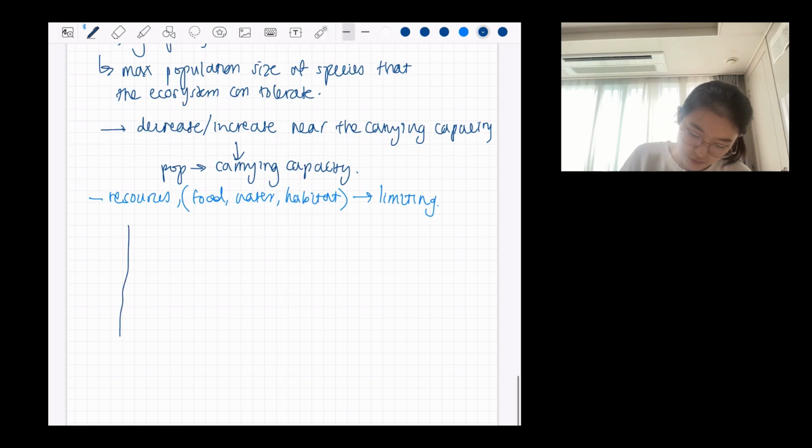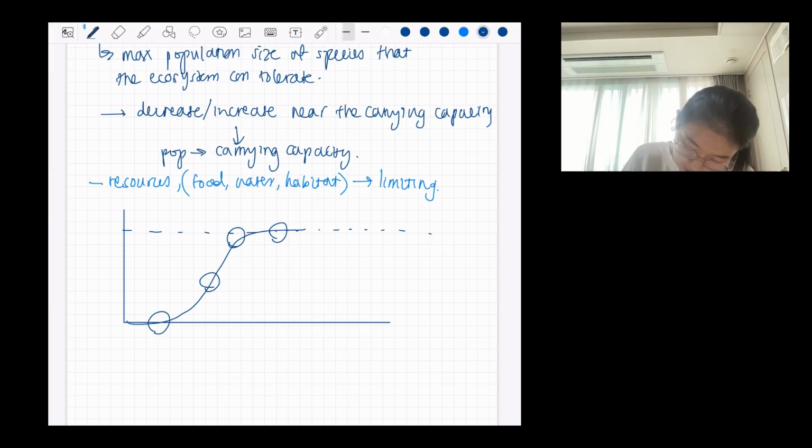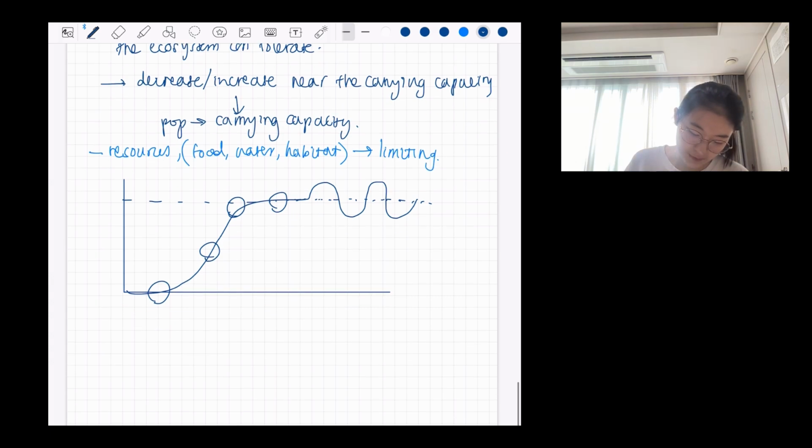If we were to draw a graph of how the population nearing and leveling off at the carrying capacity would look, we have our lag phase here, our log phase here, transitional phase, stationary phase. We've reached our maximum carrying capacity. The population would indeed fluctuate near this point, but again, you can clearly see that the population still remains near the level of the carrying capacity. So it does seem a little bit like a negative feedback loop as well.